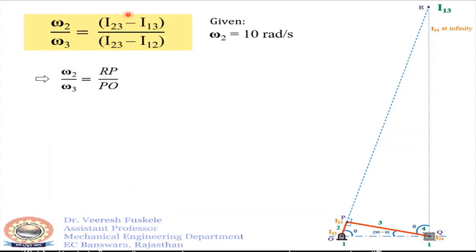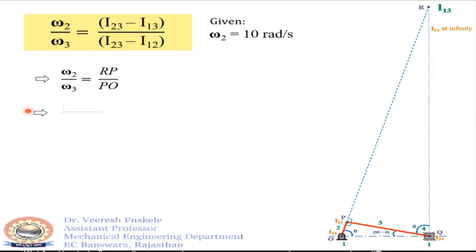This relation we have already seen in the last video. So omega 2 upon omega 3 will be equal to Rp upon PO. I23 minus I13 is this distance Rp. Similarly, I23 minus I12 will be PO, this distance. So omega 2 upon omega 3 will be Rp upon PO.